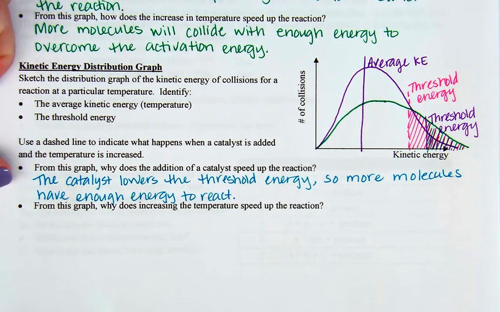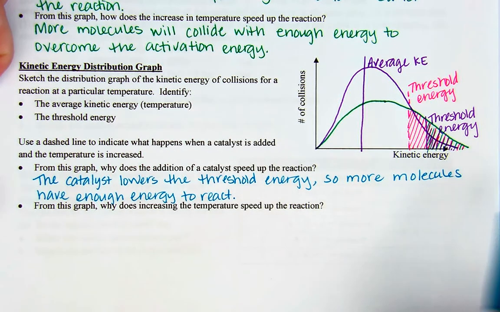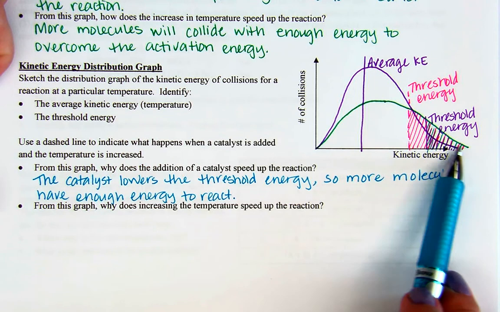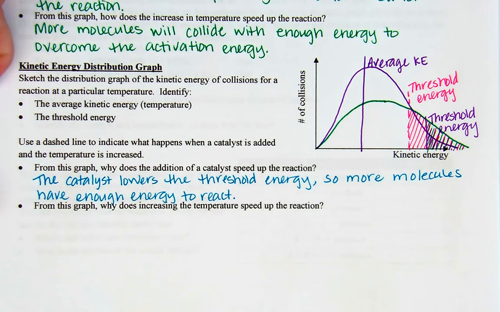Okay, from this graph, why does increasing the temperature speed up the reaction? Well, you have more molecules now that are moving faster and they're colliding with more energy, so you have more molecules overall that are past this threshold energy and they're colliding with enough energy to react.